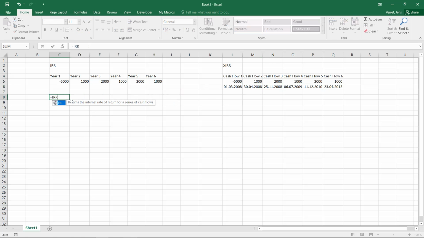Here we have IRR. It basically only needs the values. We could make the calculation easier by giving it a first guess of what the result could be. This is usually a good choice if you suspect that there is more than one possible outcome which could be close together, because what it does is try to find a solution to a polynomial, which in this case has up to 6 different solutions.